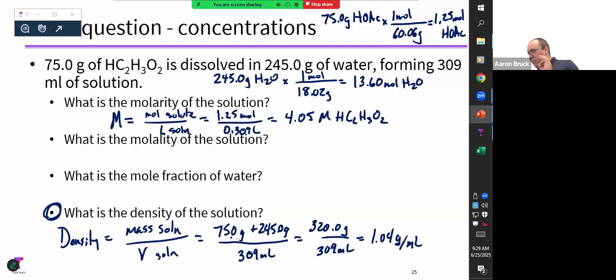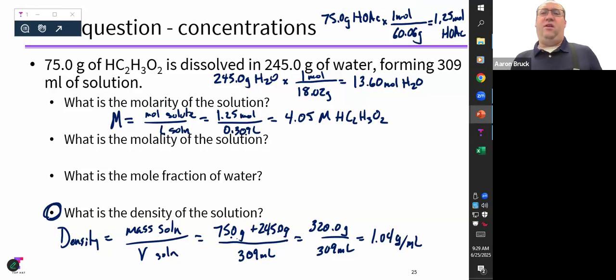And so, just as a reminder, when we're doing calculations of concentration, three things need to be in every single measurement. You have to have the correct number, rounded to the correct number of sig figs.